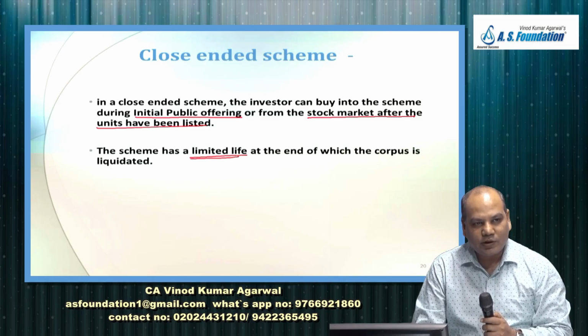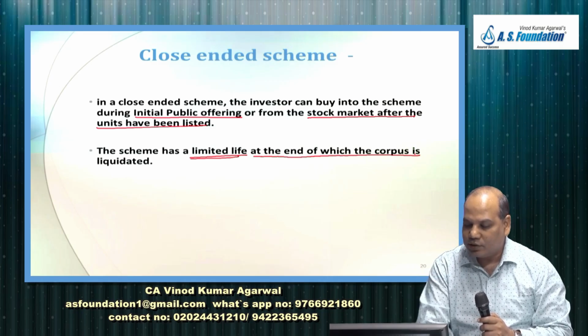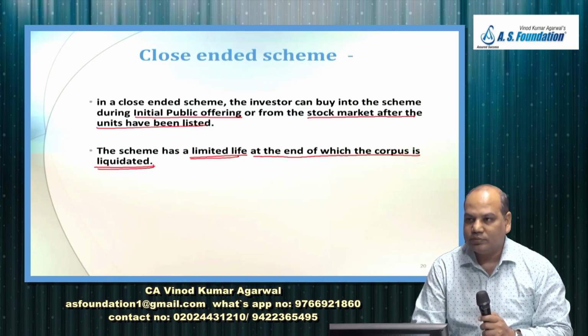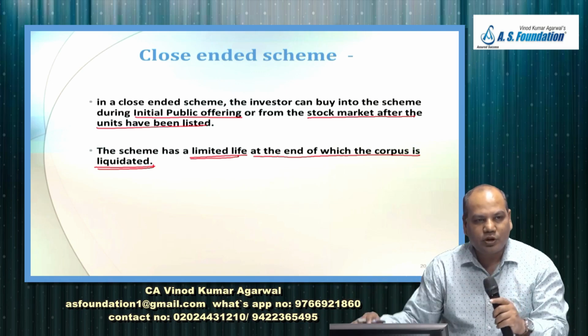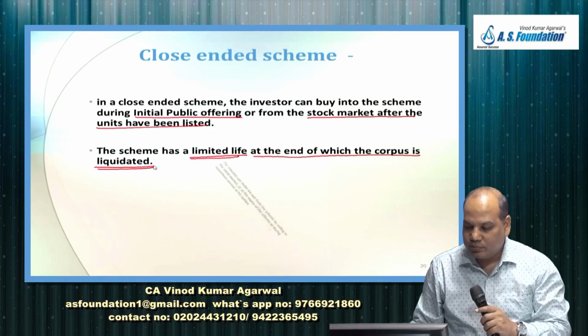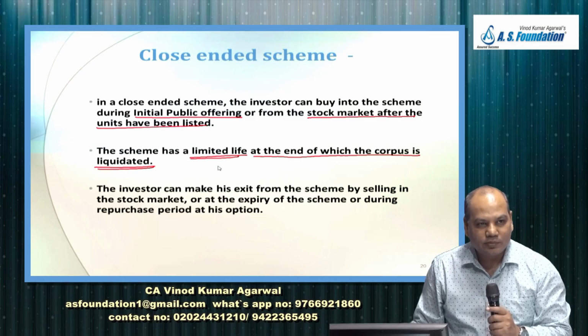Open-ended has unlimited life, but this closed-ended scheme has a limited life. Suppose 3 years. After 3 years, all the assets of that scheme will be liquidated. So they will raise the funds and it will be distributed proportionately to all the unit holders. But in the meantime, if you want to trade in those units, you can do it on the secondary market.